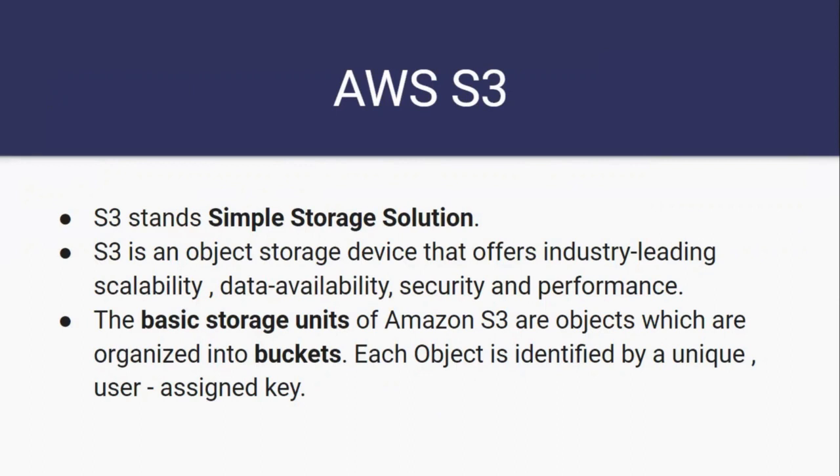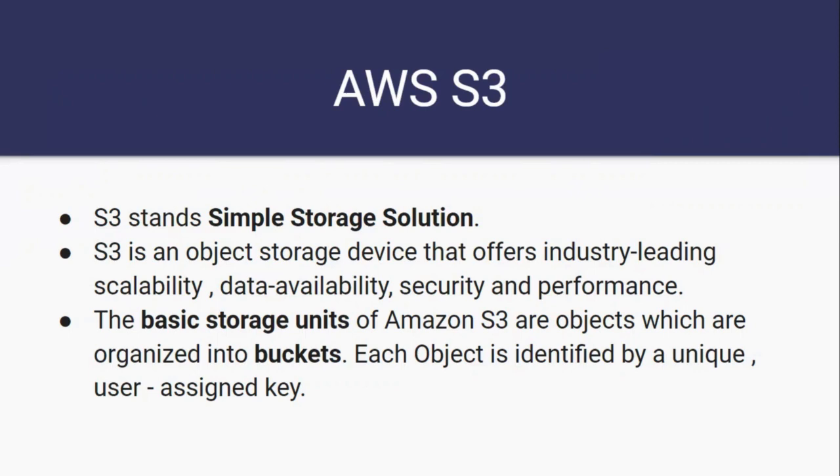So, here S3 is abbreviated as Simple Storage Solution, and it is an object storage in a folder structure which can store images, text, PDF files, etc. It is very cost effective as it costs only $0.03 per GB, and it is a very cheap and reliable way to store objects.